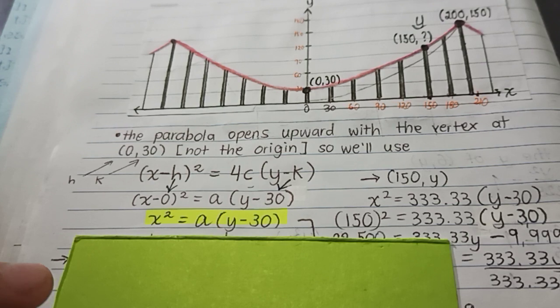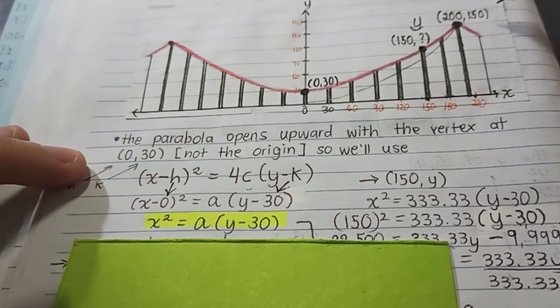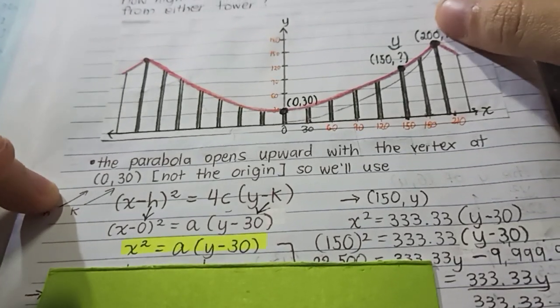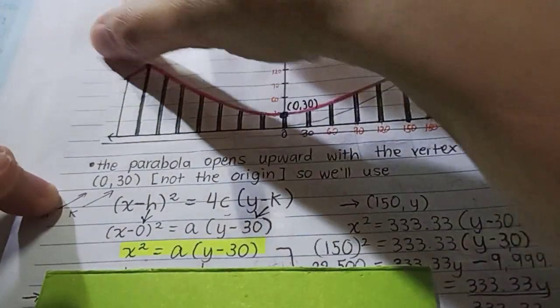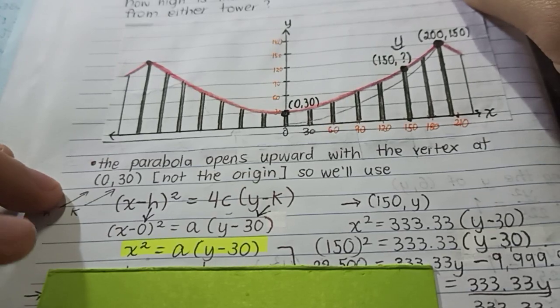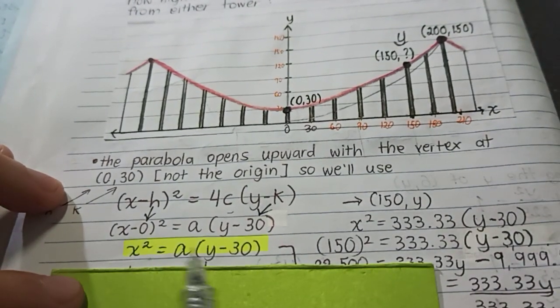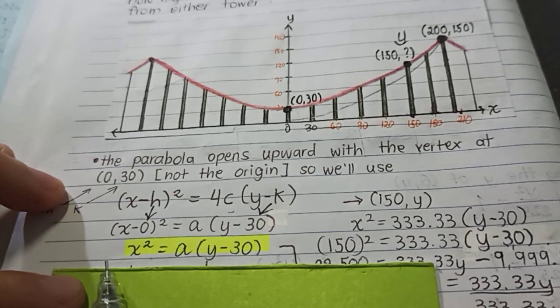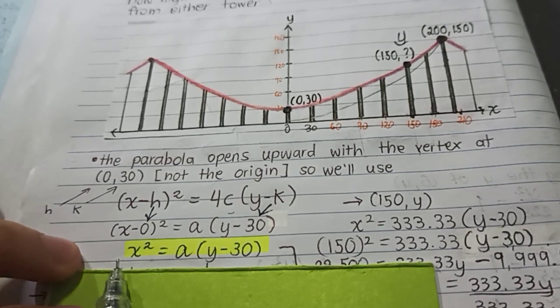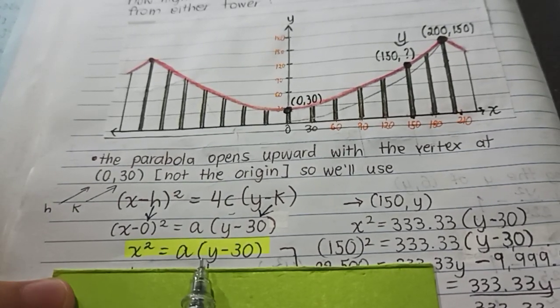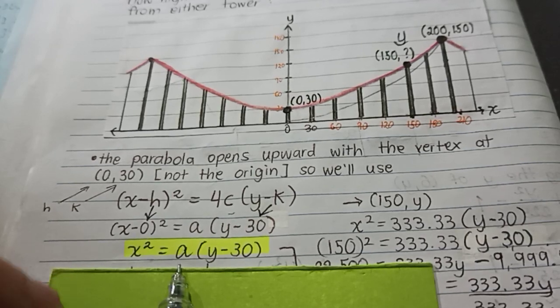Now here, what we will do is to use this one, 200 and 150. This point passes through that red parabola. And so, if we plug it in here, it should satisfy. We will change the x, we will change the y. What will remain is the a, the constant or variable a.